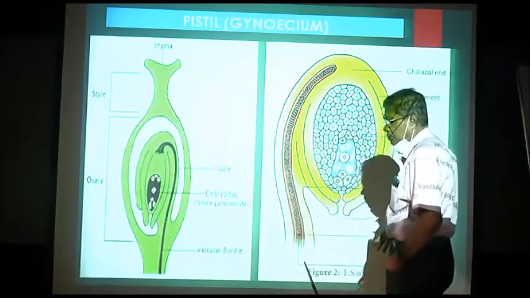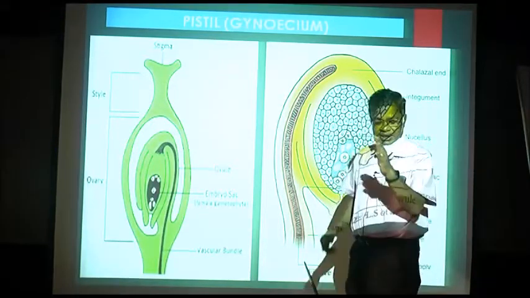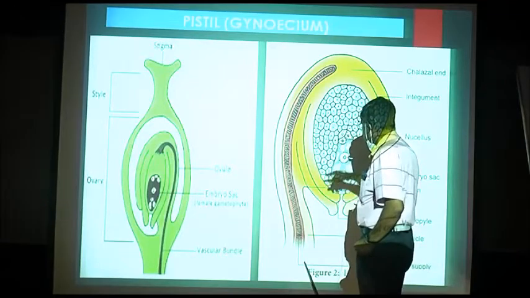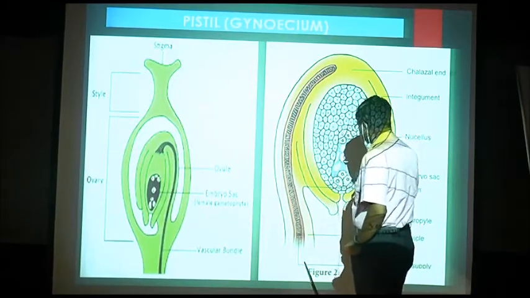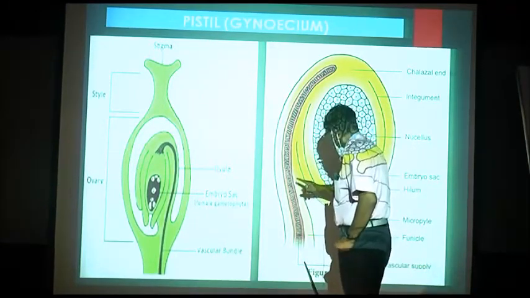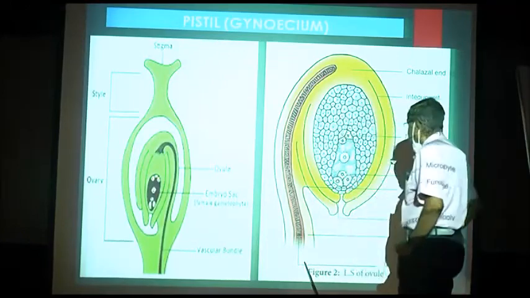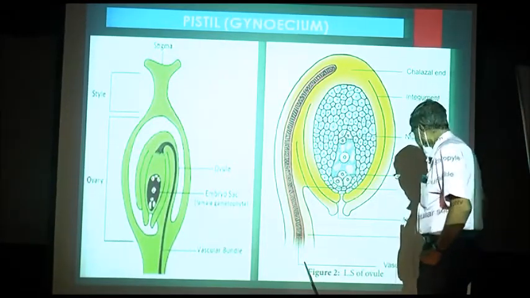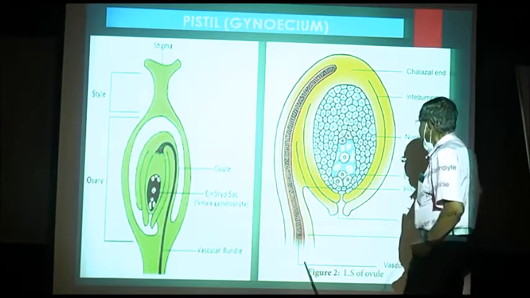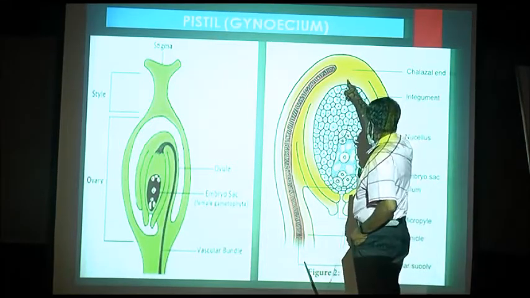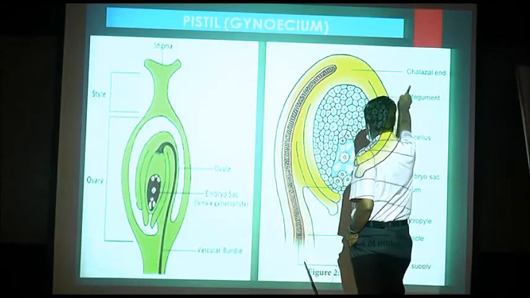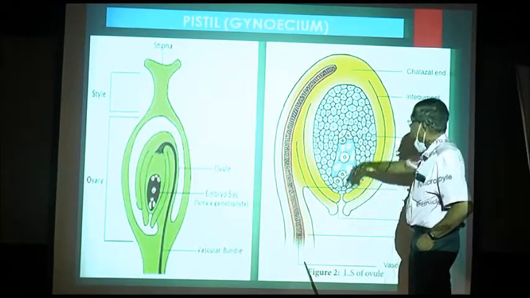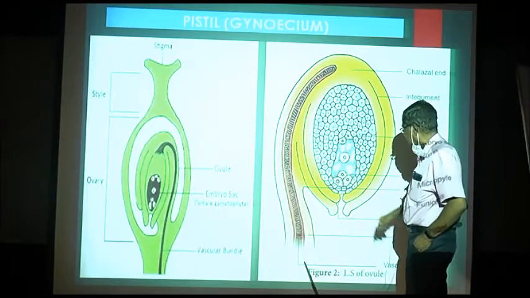Now the ovule has different structures. It has a stalk called the funicle, and there is the main portion of the ovule. The junction between the stalk and the main ovule is called the hilum, and the base of the ovule is the chalaza, and at the tip it is inverted. That's why it is looking like this.